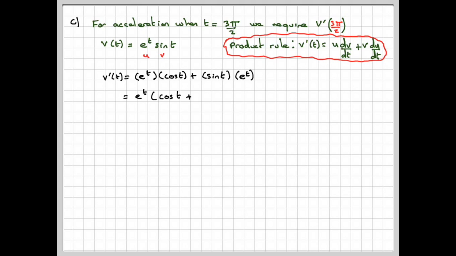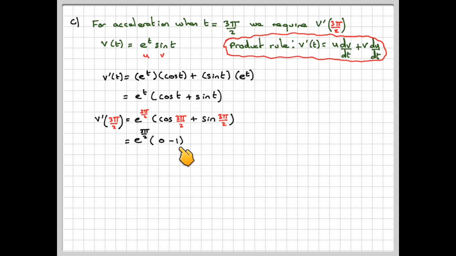So common factor of e to the t, so we get e to the t of cos t plus sine t. So v dashed of 3 pi by 2 is going to be e to the 3 pi by 2 times cos of 3 pi by 2 plus sine of 3 pi by 2. So now cos of 3 pi by 2 is 0, and sine of 3 pi by 2 is minus 1.